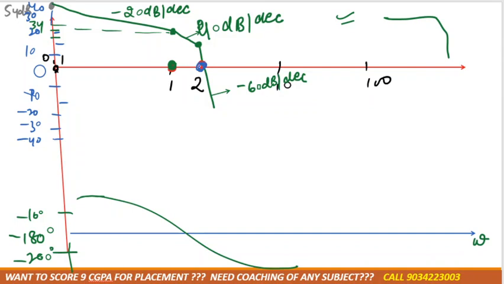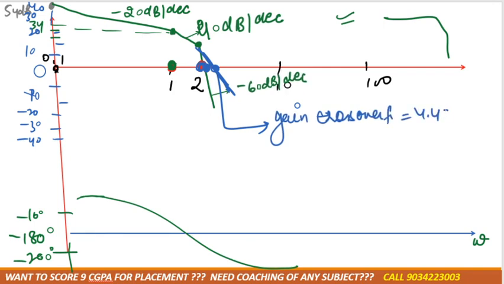This is the gain crossover frequency. At whatever point it cuts this line, that would be the gain crossover frequency. If we draw it in the graph, you will get the gain crossover frequency as 4.45 radian per second.